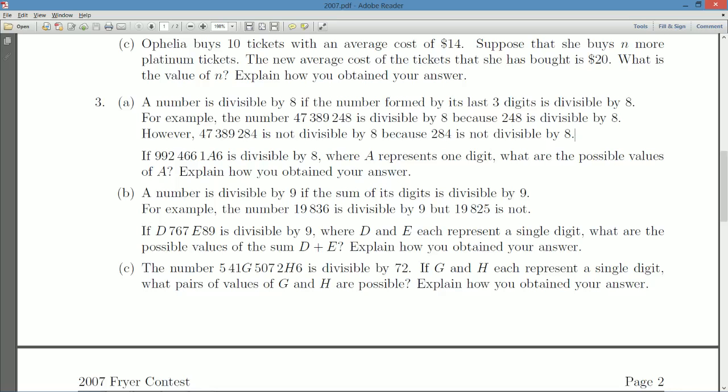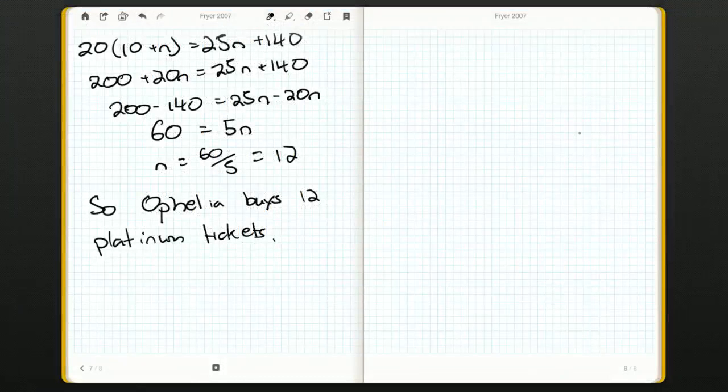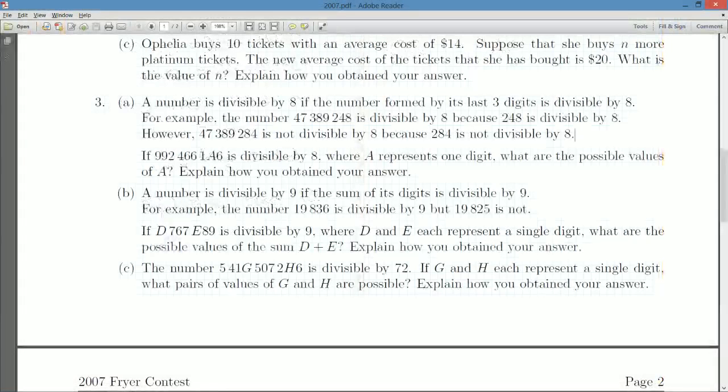So really we're asked, how do we make this number divisible by 8? Well, we're already told we just need to look at the last 3 digits. It was 992, and then a bunch of stuff, and then 1A6. So let's just go back and look at what it was.